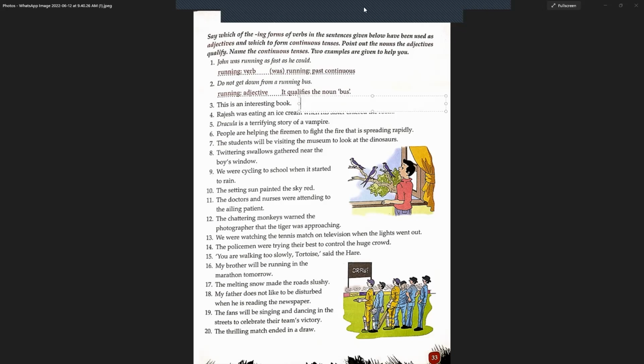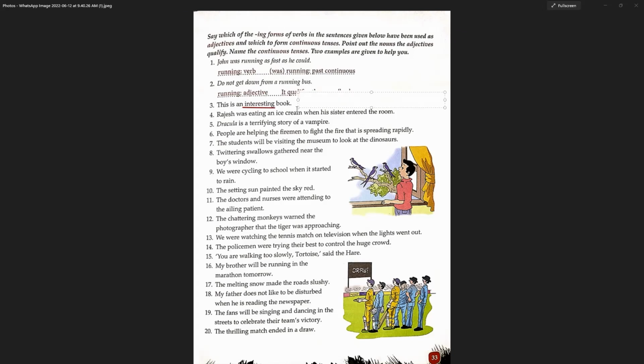Adjective. Yes, no helping verb. Exactly. Interesting book. So this is used as an adjective, not as a verb. Here the ing form is the adjective. Interesting is used as an adjective, right? It qualifies the noun book.